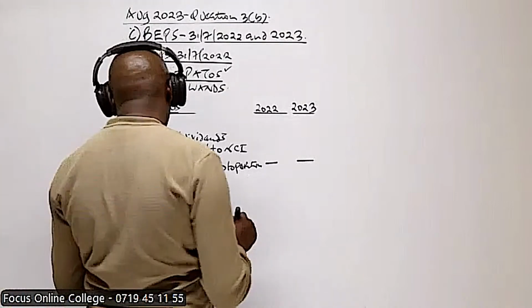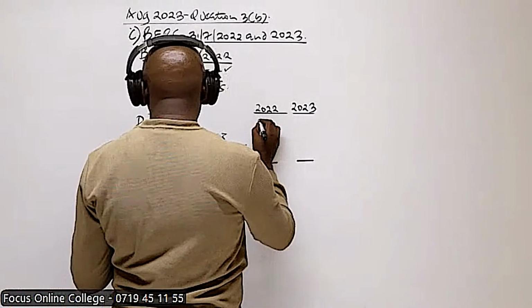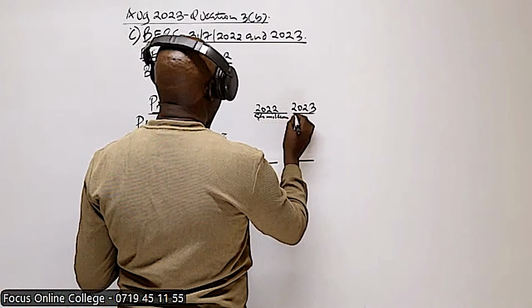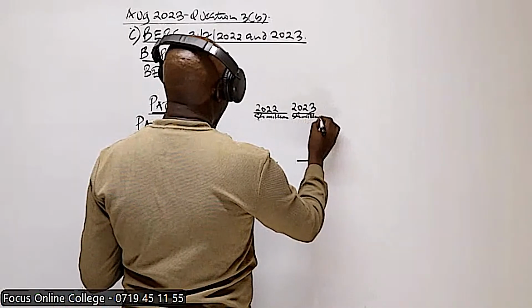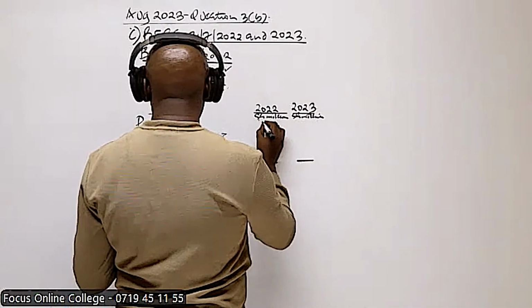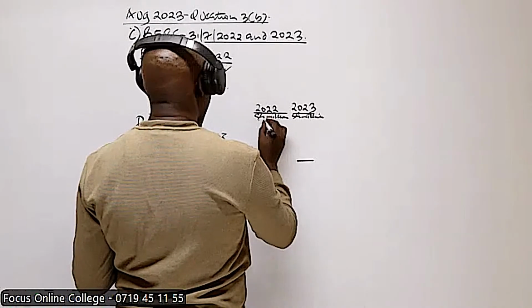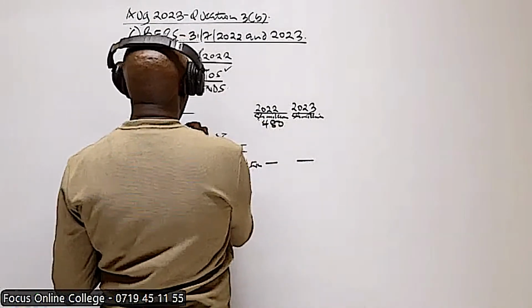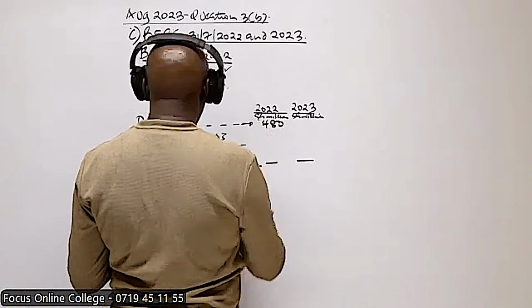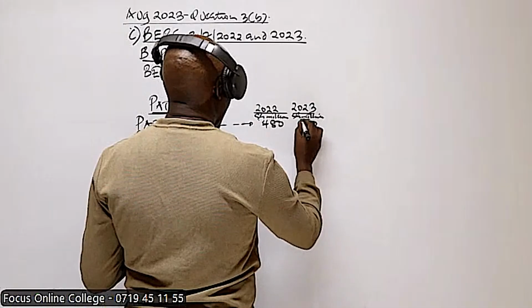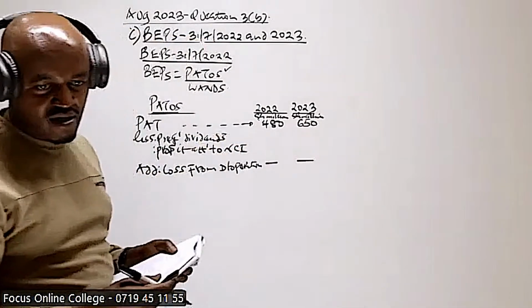We start with that of 2022, and it's also important for us to note here that our figures are in millions of shillings. For 2022 it is 480 million. For 2023 it is 650 million.